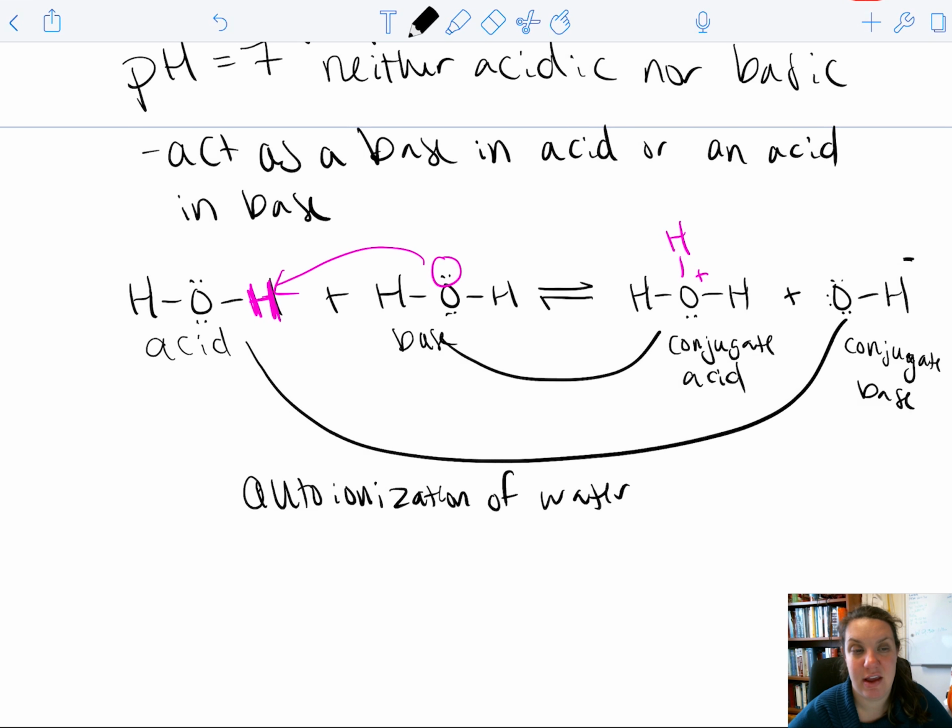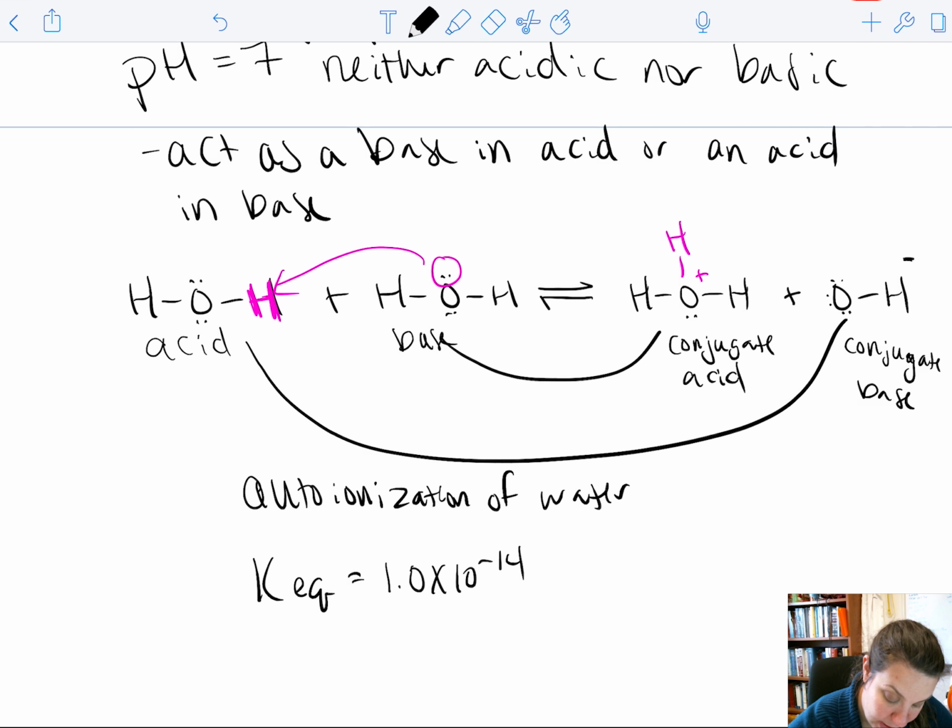And this process is not overly favored. If we look at our equilibrium expression, our Keq for this would be 1.0 times 10 to the negative 14. So it is mostly in the water form, not very far into the hydroxide and hydronium content. We call this Kw, for water.